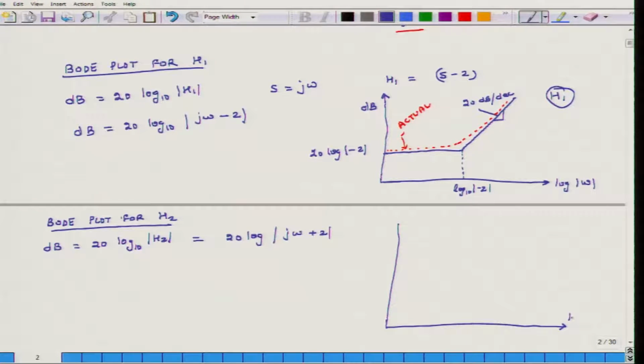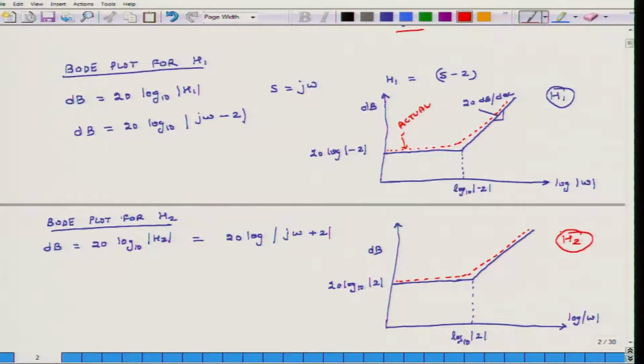So, the Bode plot for this will once again be, so that is the Bode plot for H2, the magnitude plot for H2.